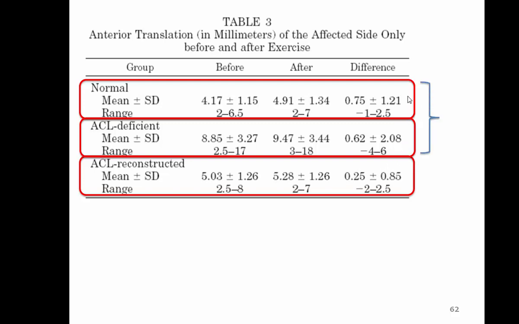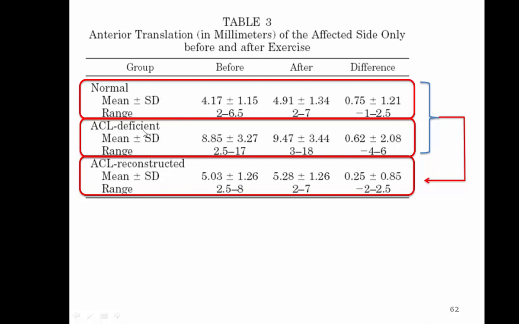And so when we compare the pre-post exercise difference in the healthy group and the ACL deficient group, we see that the amount of increase in anterior tibial translation was significantly more than that in the ACL reconstructed group, suggesting that the graft exhibited more of a stiffness profile than the tissues in the normal and the ACL deficient group.